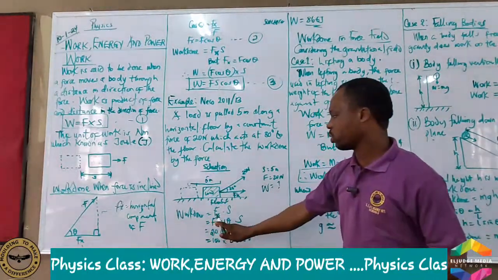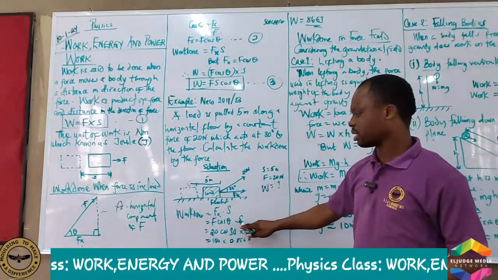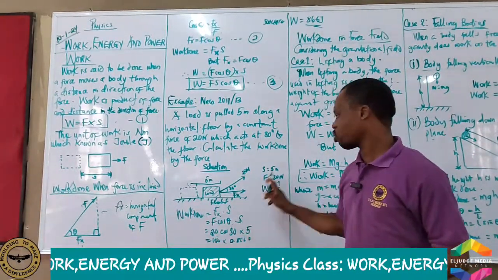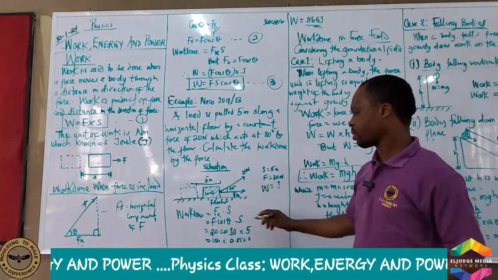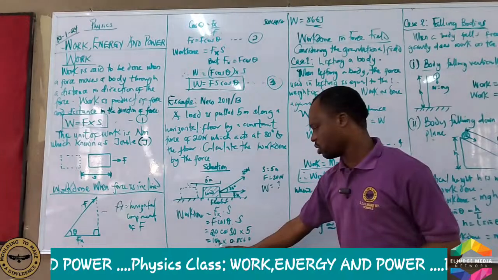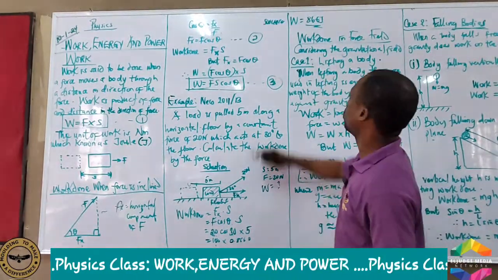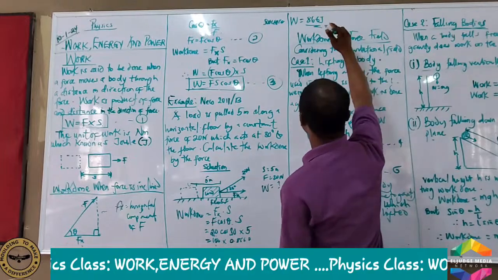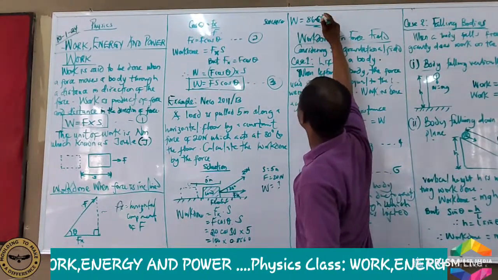Work done equals Fs times S, that is F cos theta times S. So what's our F? 20 Newton, cos 30, times 5. 20 times 5 is 100. Then cos 30 is 0.8660. If you multiply 100 with this, we have 86.6 joules.